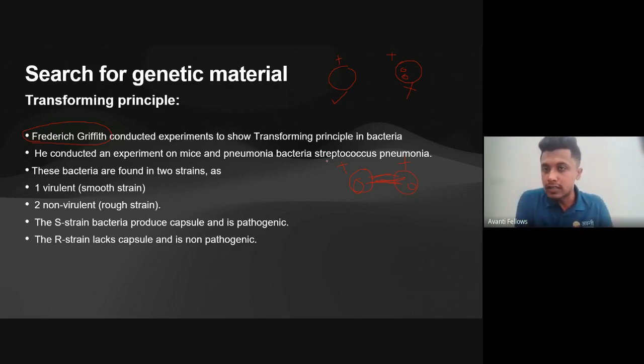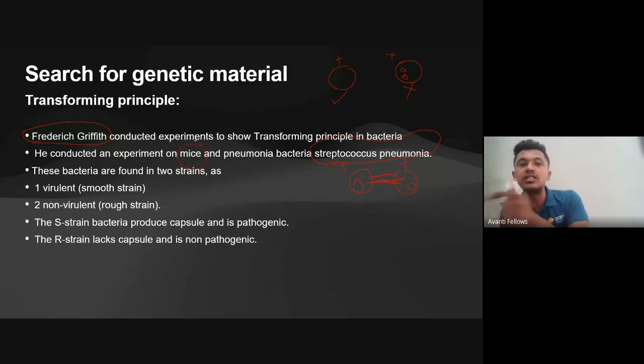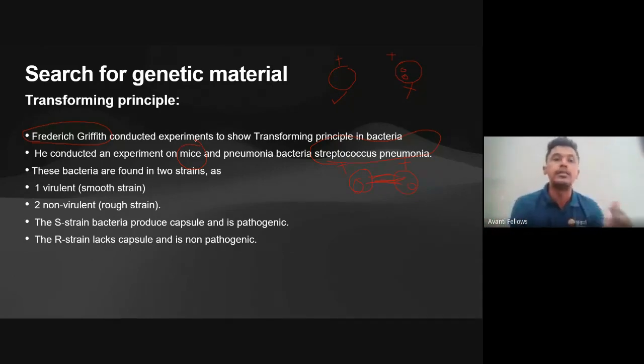So Streptococcus pneumoniae is the organism of interest in this experiment. Now this Streptococcus pneumoniae was used against mice. So we have two organisms used in this experiment. One is mice, the other one is Streptococcus pneumoniae. Now before we come to the mice, let us talk about this Streptococcus pneumoniae.